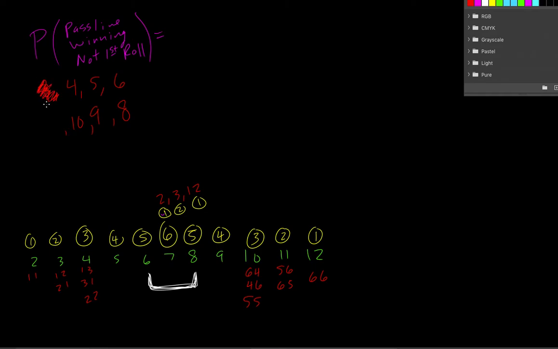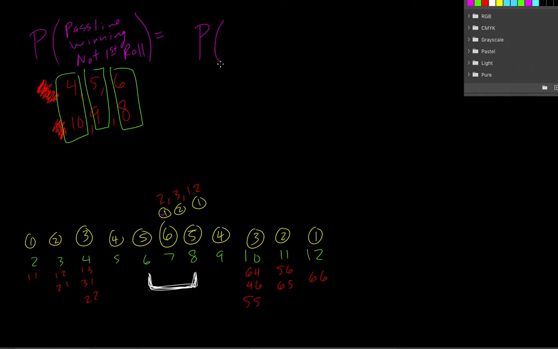Sorry, that's a craps number. Those are the only outcomes that we could get. Now, they're individual, so it's not like we're going to find them and then add them together, because either we got a 4 and that's our probability, or we got a 5, or we got a 6. Now, 4 and 10 have the same probability, 5 and 9 have the same probability, and 6 and 8. So basically, we need to find 3 different probabilities.